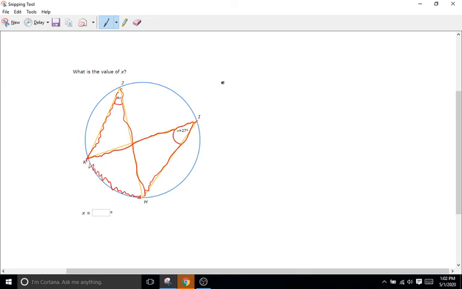Oh, that's great. That makes it a lot easier. So we'll just do 4x equals x plus 27. We subtract x from both sides. We're left with 3x equals 27. Divide 3 from both sides. We're left with x equals 9.